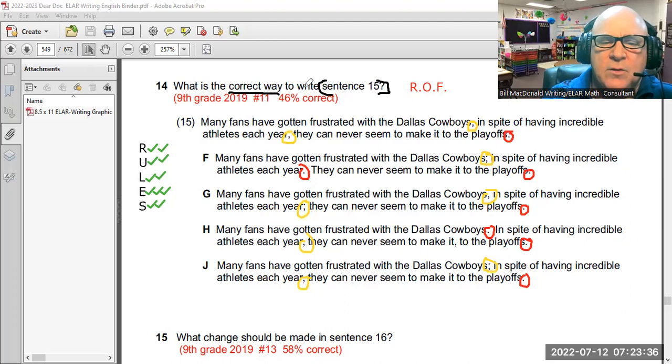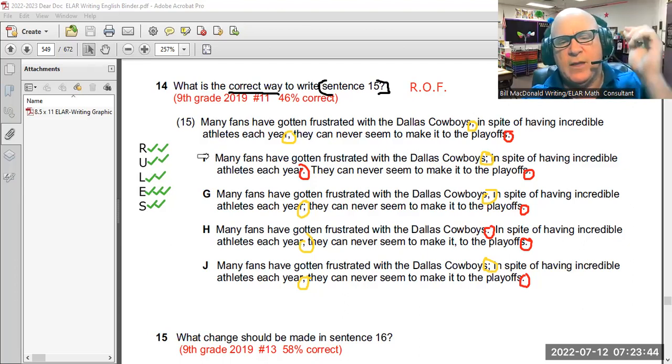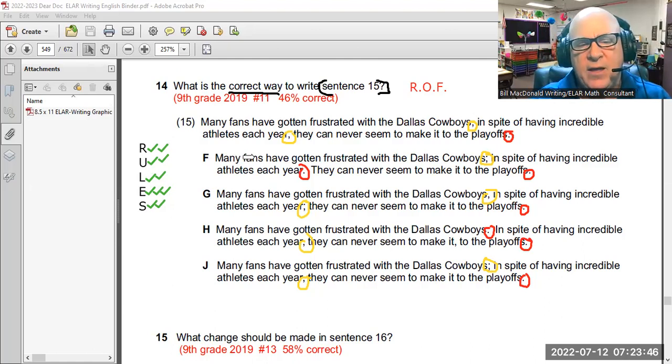All right. So we will look at letter F here first. Capital. Many fans have gotten frustrated with the capital Dallas, capital Cowboys, semicolon. That means there's an independent clause, a complete thought, previous.